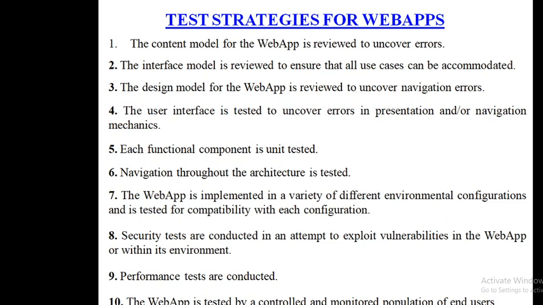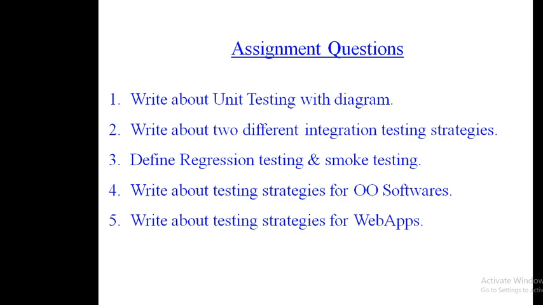The second concept is test strategies for object-oriented software, which contains unit testing and integration testing. Then the third concept is test strategies for web applications, explained on the basis of 10 basic principles. Based on these three concepts, some assignment questions are given here.